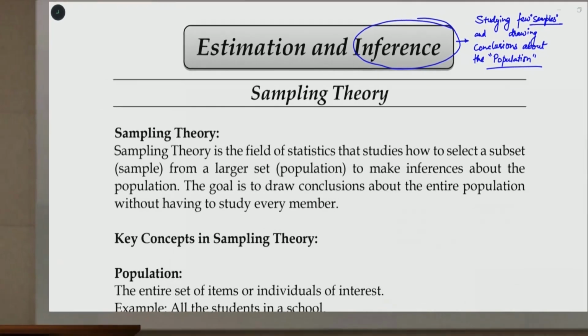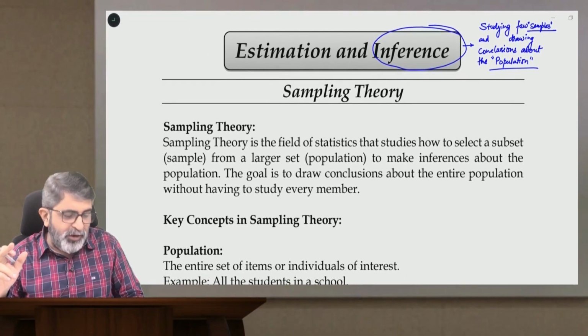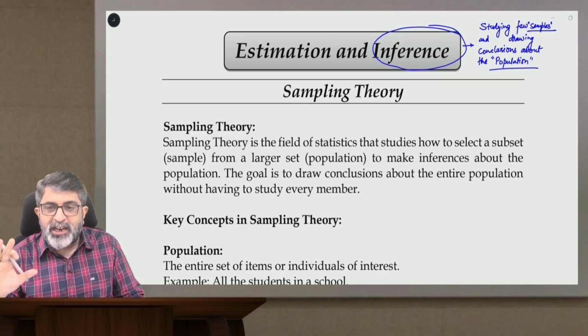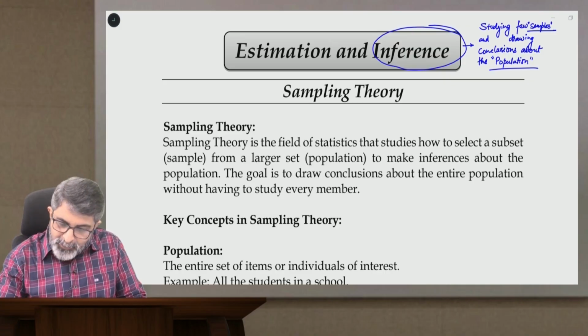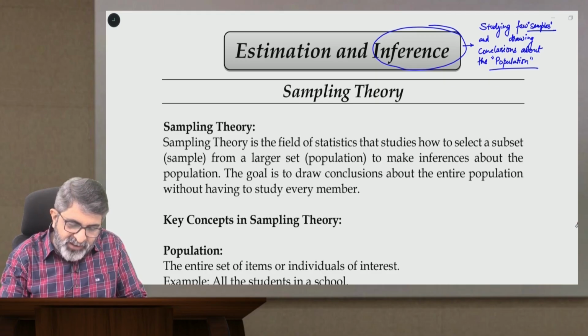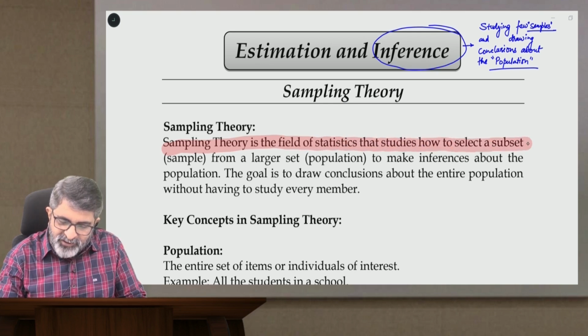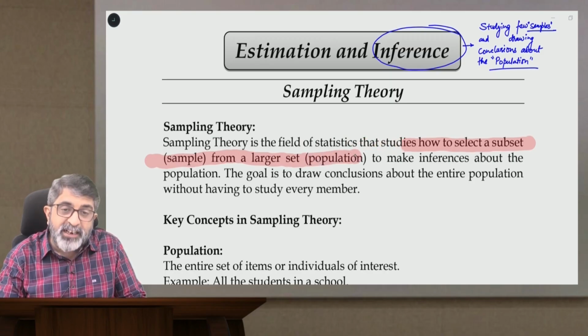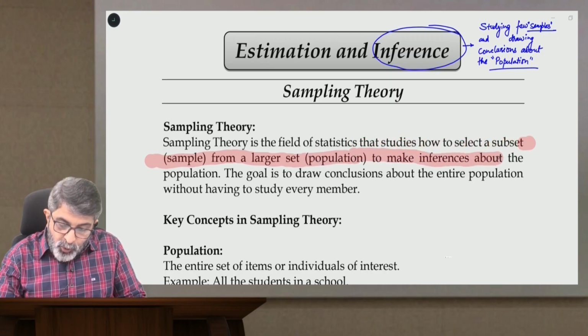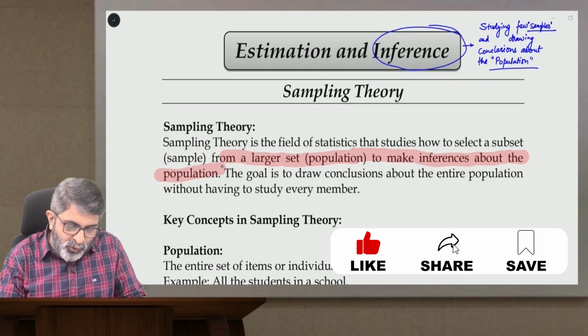So now, if you have understood what is estimation and inference, that is the main title. In the previous class we already started with sampling theory. What is sampling theory? Sampling theory is the field of statistics that studies how to select a subset, that is sample, from a larger set, that is population, to make inferences about the population.